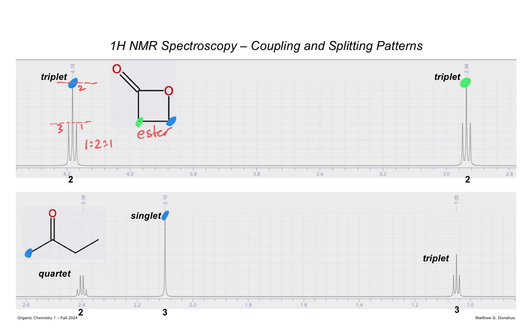In green, the quartet, because it's showing 4 lines, means the neighbor has to have 3 hydrogens, so that's going to be the CH2 group there. And then finally, the methyl group has 2 neighbors, so that's going to be a triplet.